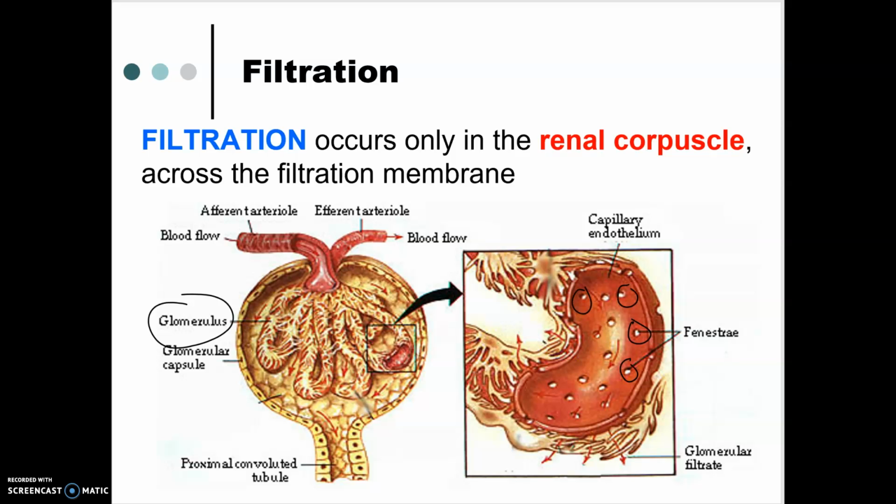The word fenêtre means window in French, and this is where we get the word. So these little fenestrae are tiny pores that help us filter the blood. The filtration actually occurs across the glomerular membrane, and the stuff that's filtered out collects in the Bowman's capsule, and we call that the filtrate.